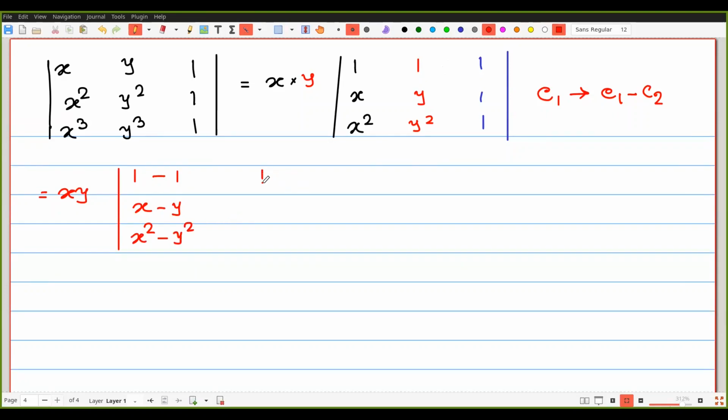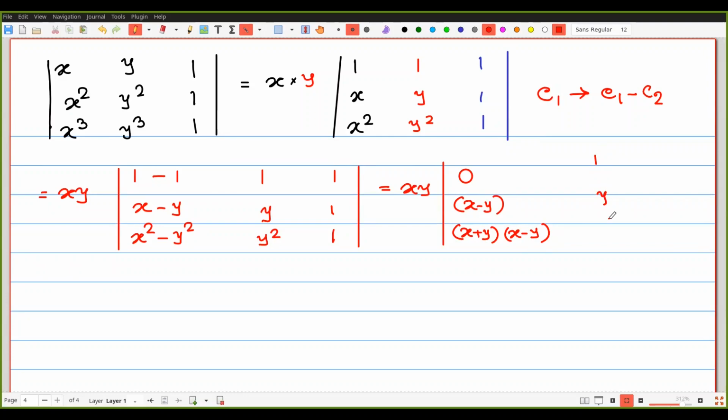The second and third columns remain the same. In the first column, 1 minus 1 is 0, x minus y, and x square minus y square, like a square minus b square, is a plus b into a minus b, so it can be written as x plus y into x minus y. The second column remains the same, 1, 1, 1.